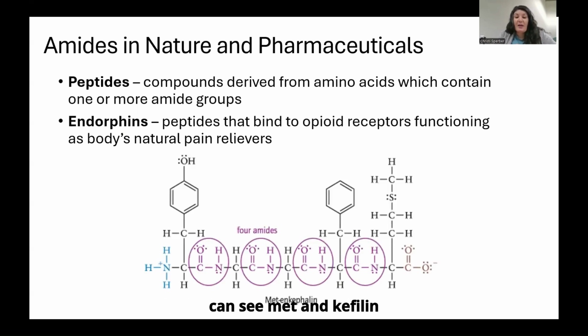You can see met-enkephalin is derived from 5 amino acids joined together by 4 amide functional groups. So you can see here that we have 1, 2, 3, 4 amide functional groups. And this is how the different amino acids bond together.